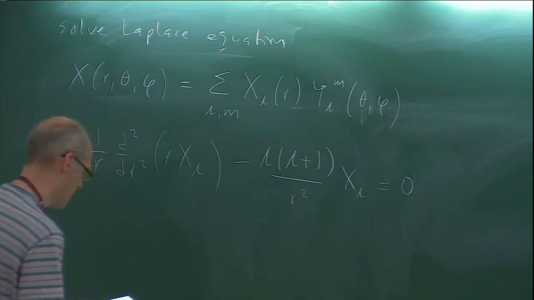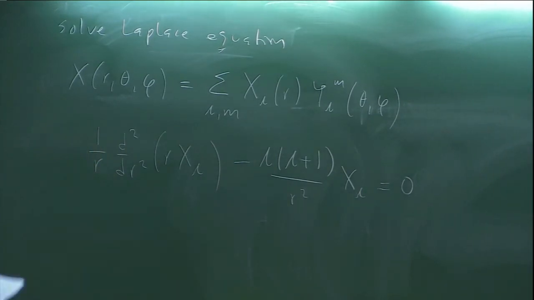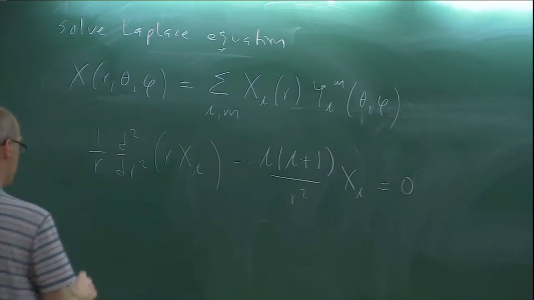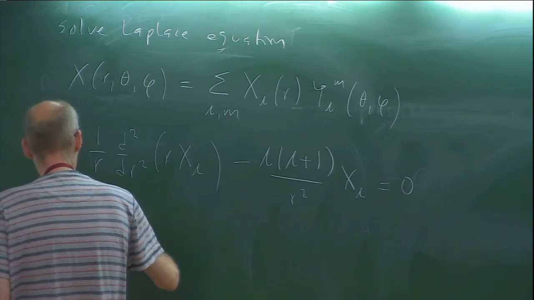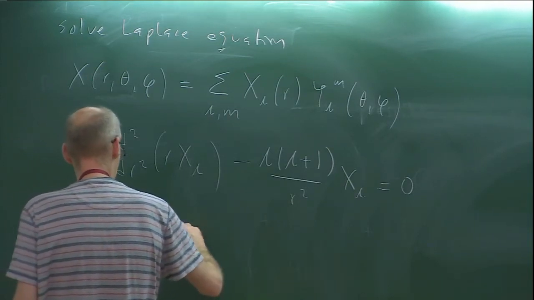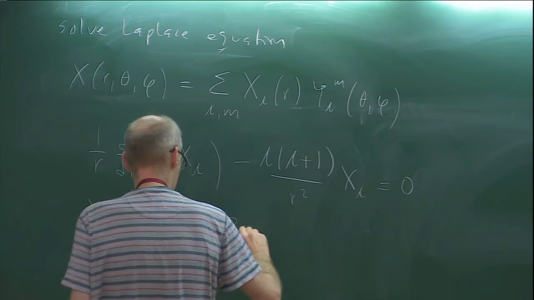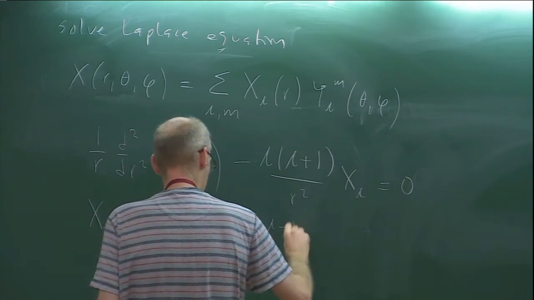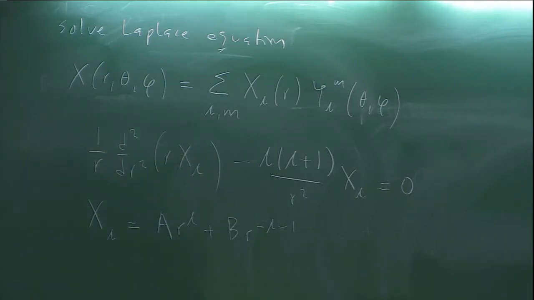And this you solve with the power law. So you just find that this has to go like A r^l plus some B r^(-l-1). This is all standard. Right? And you've probably all seen this before.